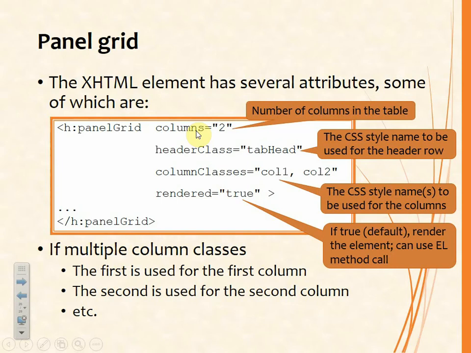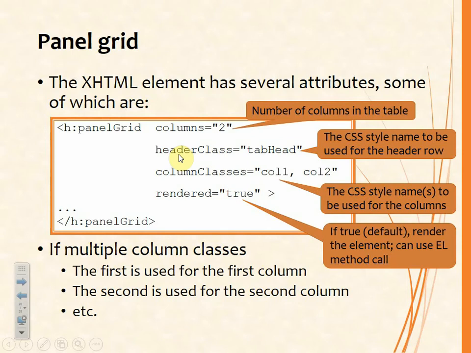The next 2 attributes that I'm displaying here, header class and column classes, are the names of the CSS definitions. So if you've got a particular style that you want to use for the header row, then header class equals and then the name of that style.